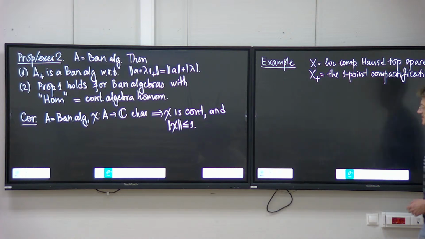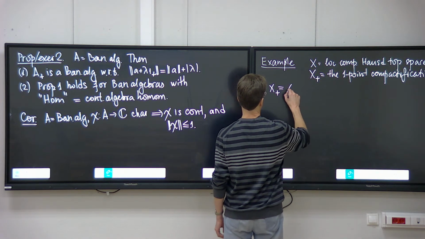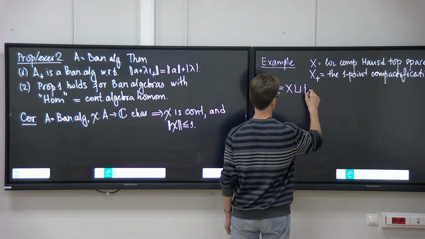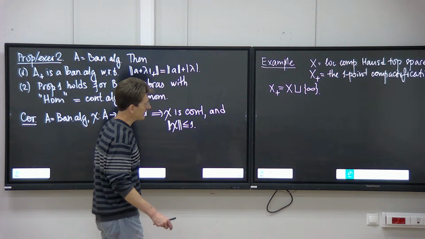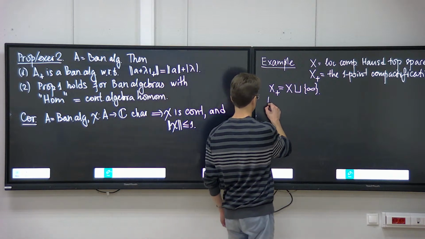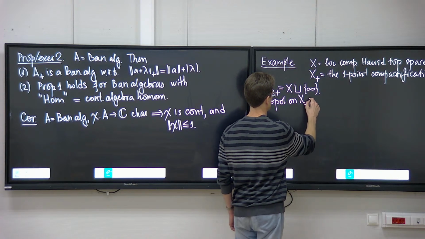Well, let's recall that as a set, X plus is just the disjoint union of X and a single point, denoted like this. And the topology on X plus is defined as follows.